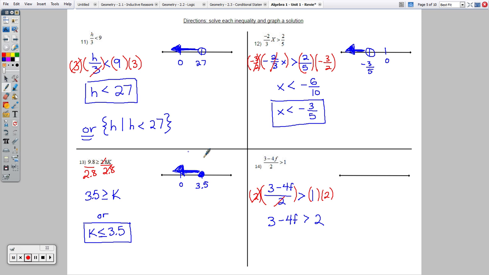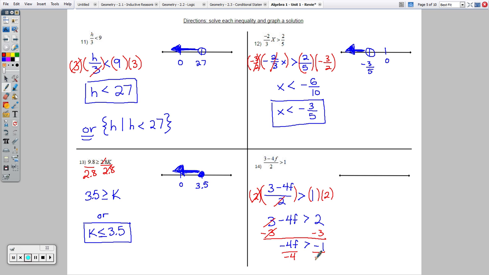Keep working that through just as if it were an equation. And so the 3's would cancel there. Left with -4f is greater than -1. And in this case I'm going to be flipping that symbol again, because for my last step I have to divide by a negative number.